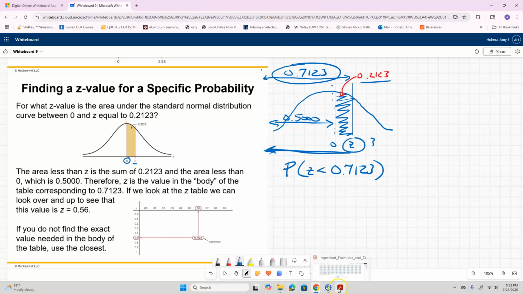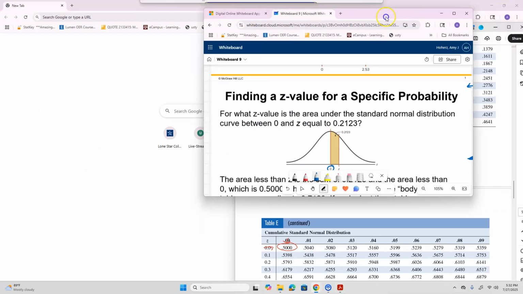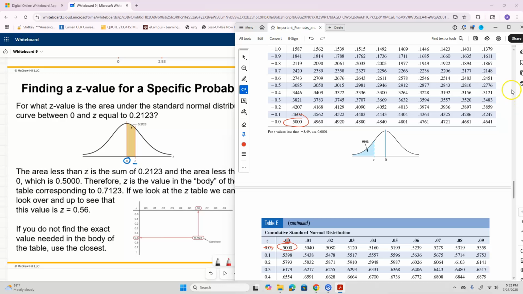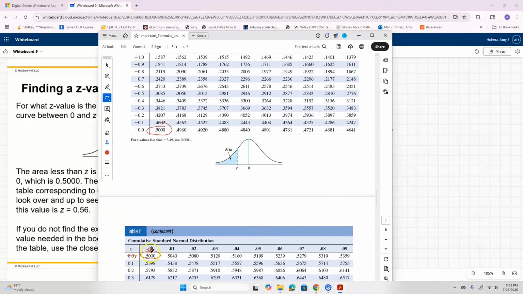So now we go to the chart, and remember, we're working backwards. So on the chart we need to not look at the margins, the left margin and the top margin.